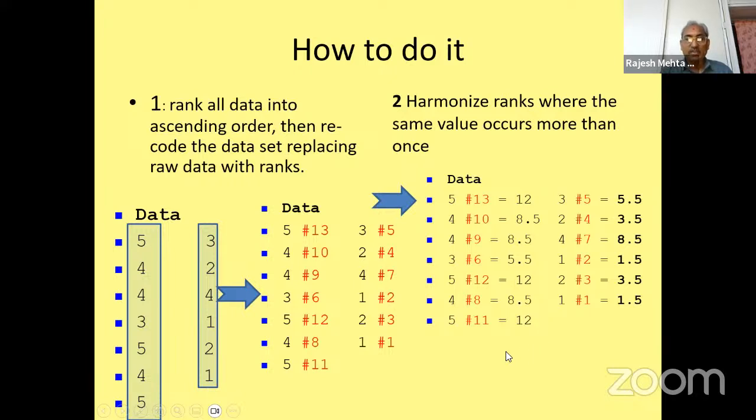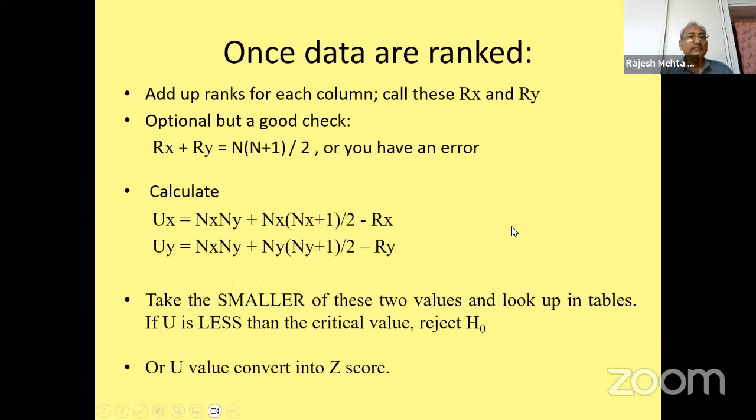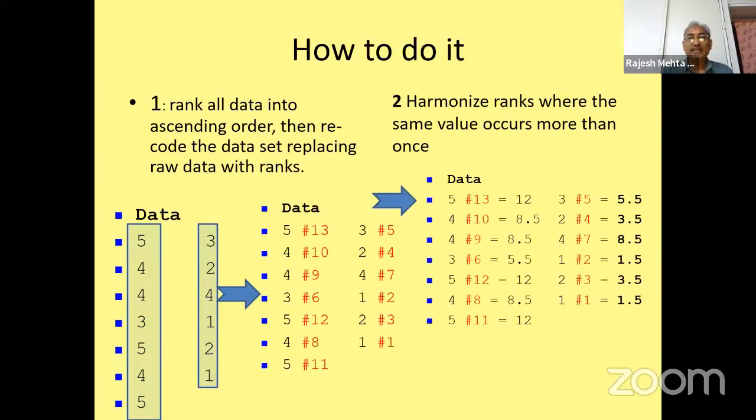And the next stage would be, once the data are ranked, most of the task is done by now. The next thing would be to add up the ranks for each column, called Rx and Ry. This Rx and Ry, first and second.